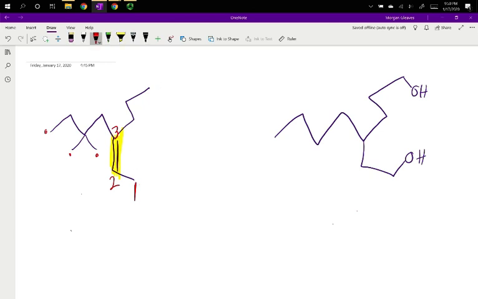If I go to the left, I have 4, 5, and I can go to 6 down on the methyls, or I can go 4, 5, 6, 7. So our best route is that 7. So it's going to be carbon 4, carbon 5, carbon 6, carbon 7. So this is a hept, and it's a heptene at the 2 position, so it is a hept-2-ene.